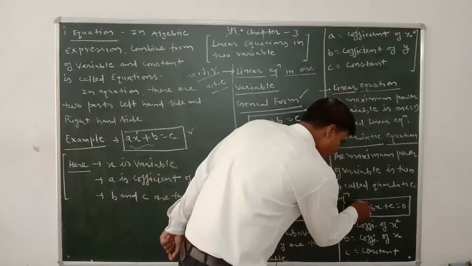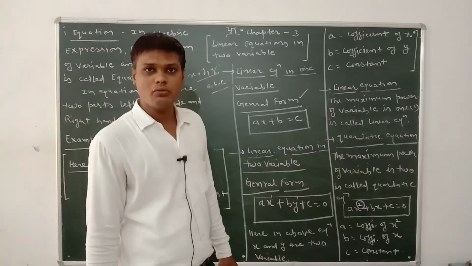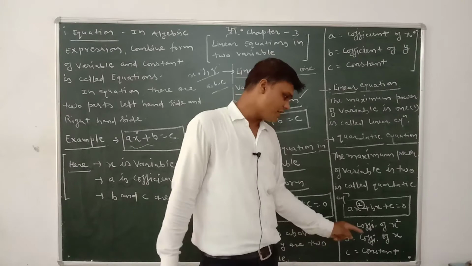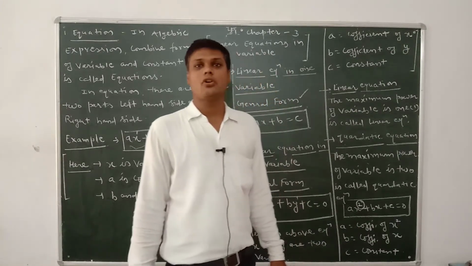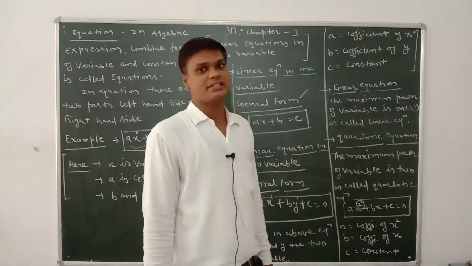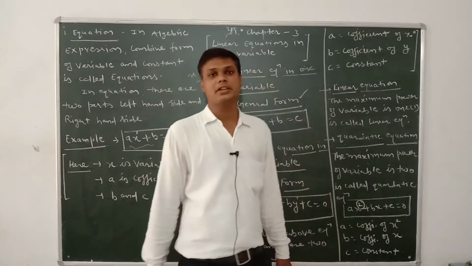The maximum power of the variable is 2. Here a is the coefficient of x square, b is the coefficient of x and c is the constant. All of these equal to 0 is called a quadratic equation.